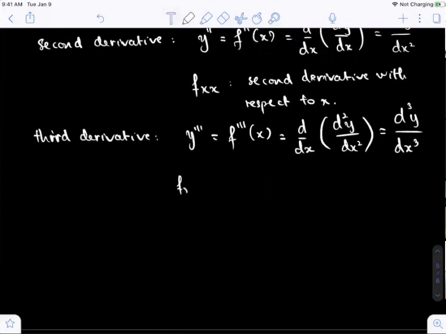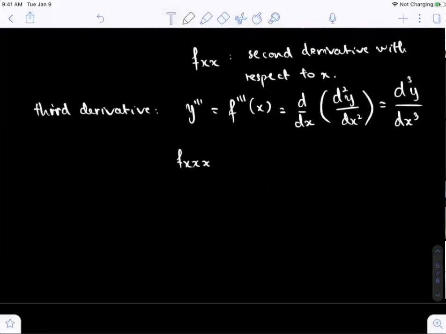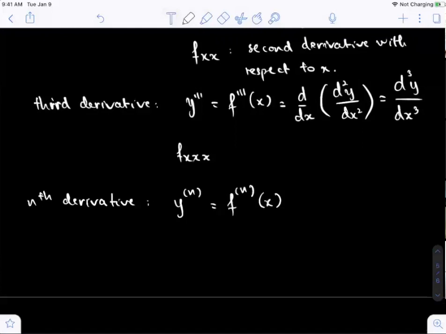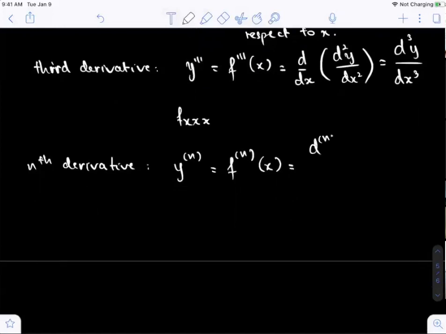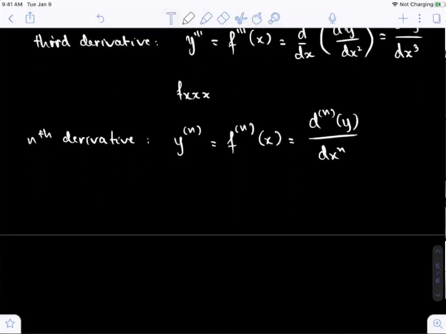Or you can write f sub xxx, so there are three x's. For the nth derivative, you can write y to the n, or f to the n of x, to indicate this is the nth derivative, or d^n y over dx^n. Okay, those are some of the notations for the higher derivatives.